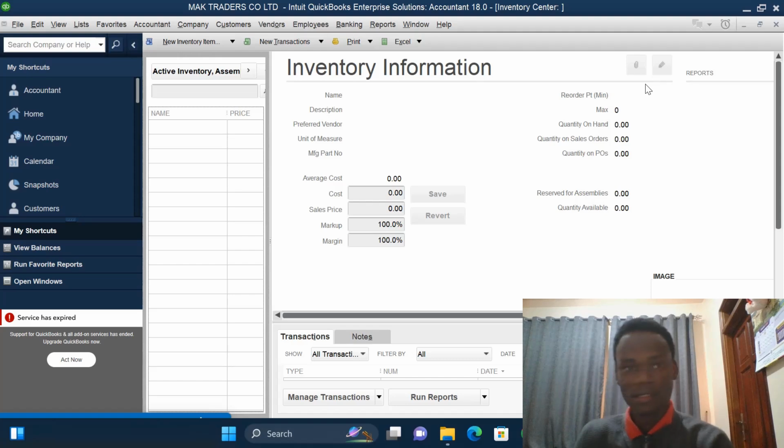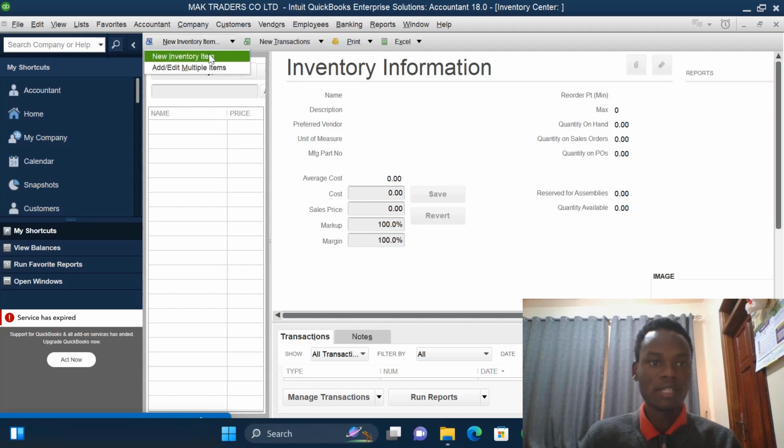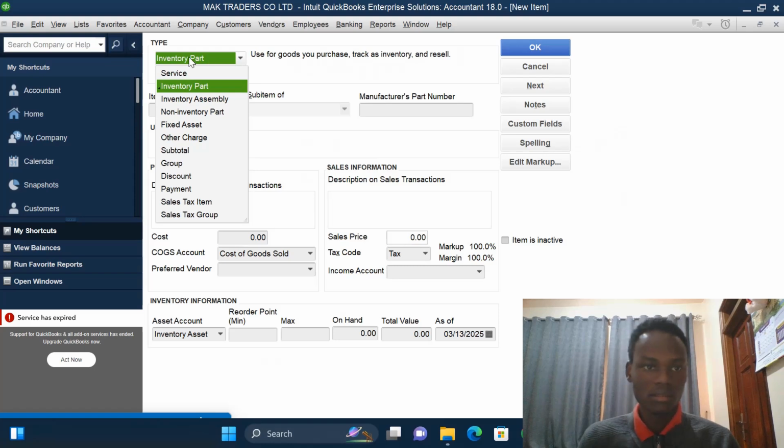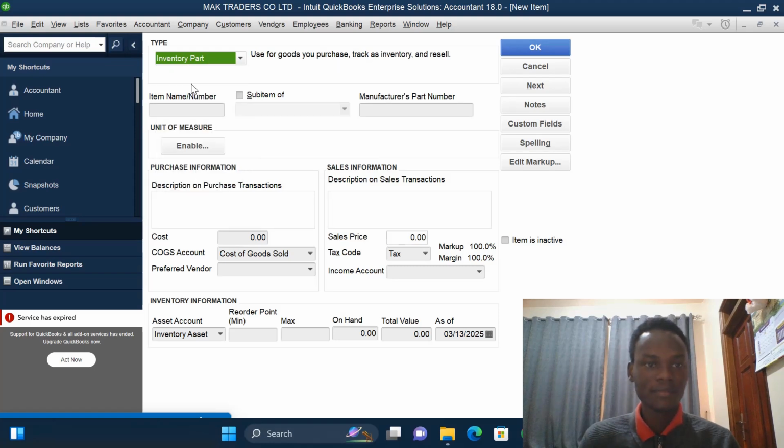Because we're adding items in our inventory, we'll come to new inventory item. So we'll add new inventory item, inventory part. The item that we have, number one, is motorcycles.